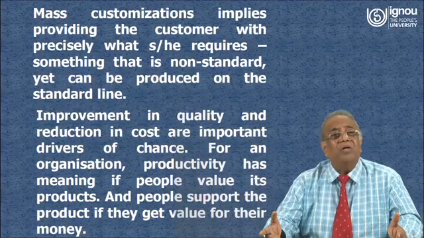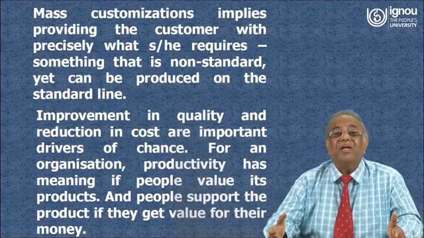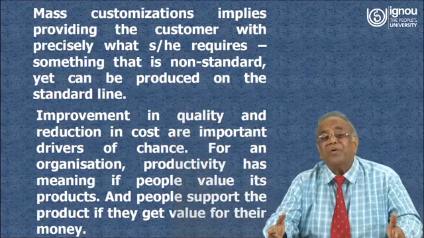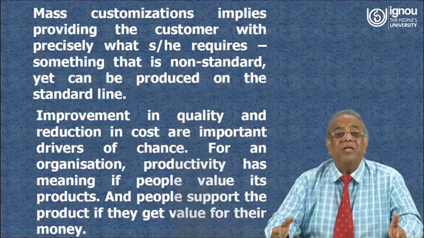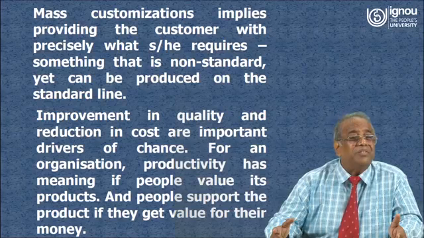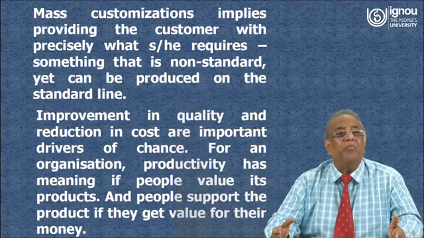So now the production system is such that the product for that particular customer can be made without any difficulty by simply giving some instructions in the computer for producing that particular product.